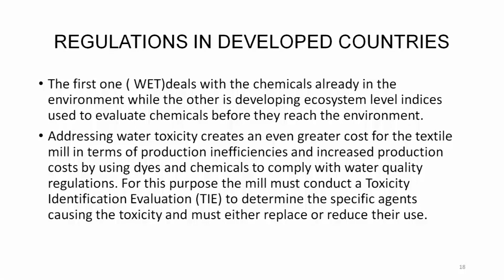For this purpose, the mill must conduct a toxicity identification evaluation to determine the specific agents causing the toxicity and must either replace or reduce their use. So, such stringent rules have been laid down because it has been felt that now is the time that one has to take an action before it gets too late.